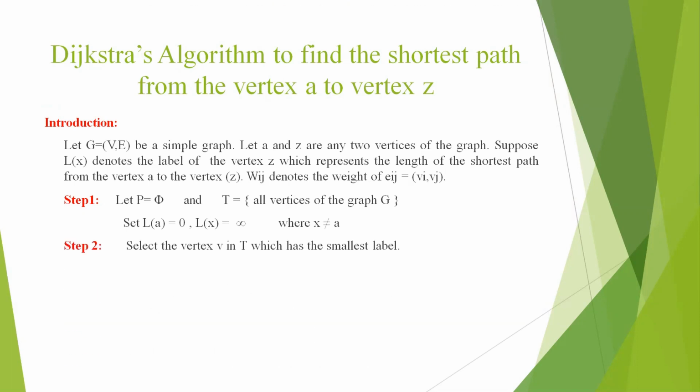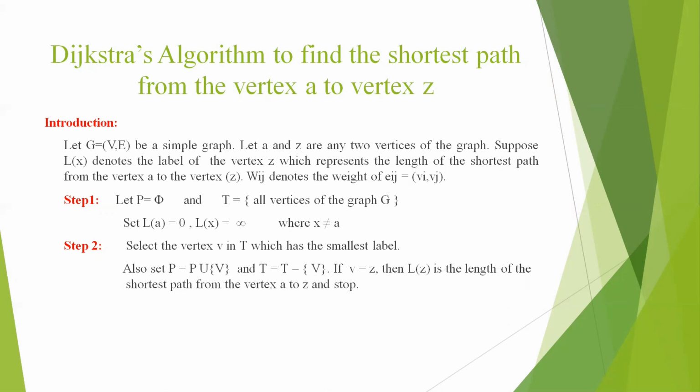Then in step 2, we select the vertex V in T which has the smallest label, and this label is called the permanent label of V, and we also set P equal to P union V. It means initially P is phi.